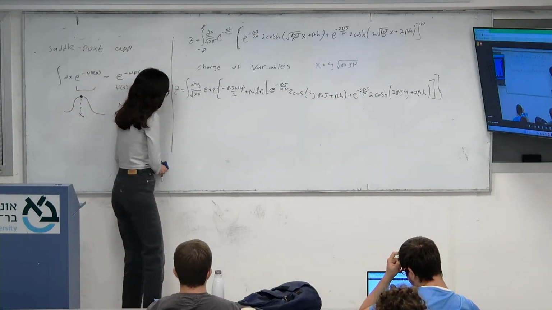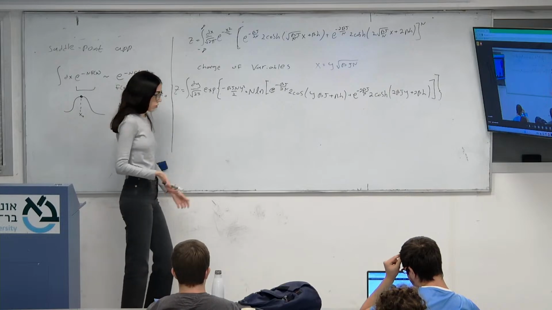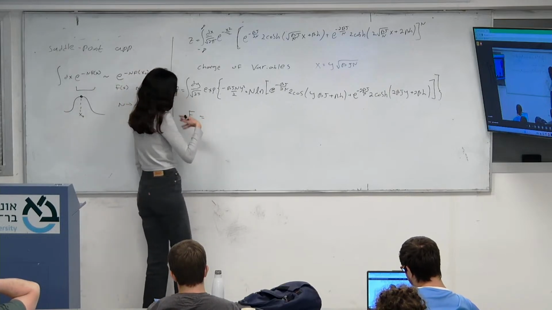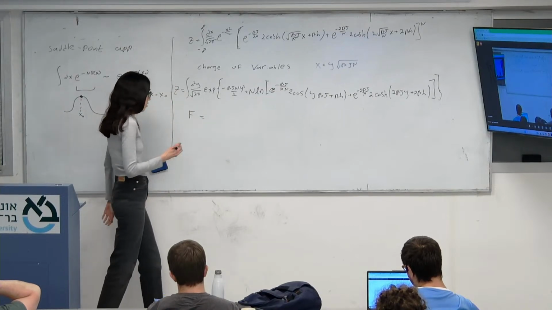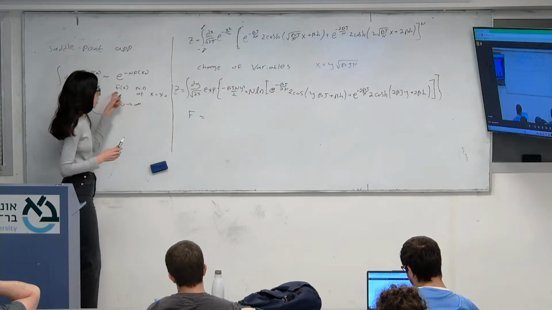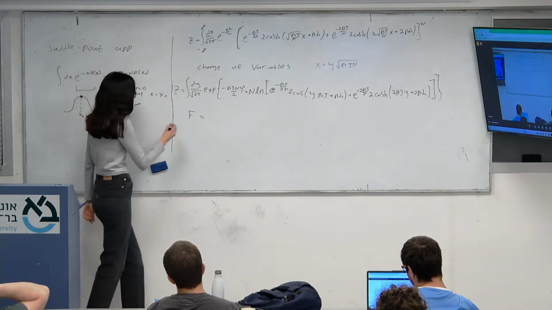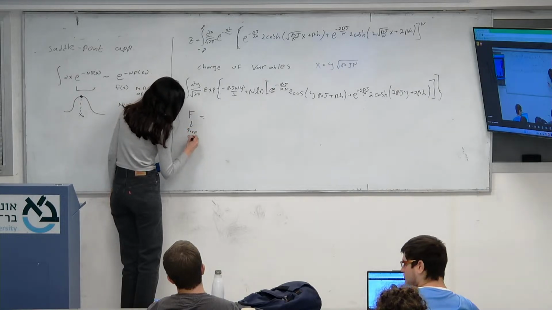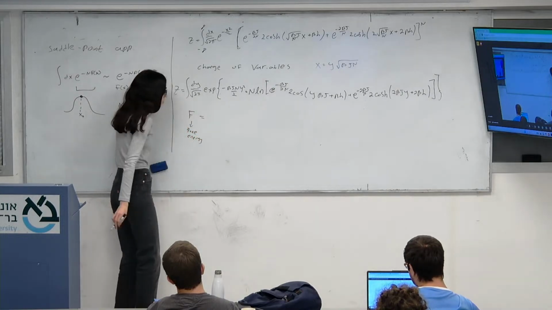So what's the free energy? The free energy in general, if we want to calculate it from the partition function, this is F, okay, I don't want to confuse it with that f, but this is the free energy.